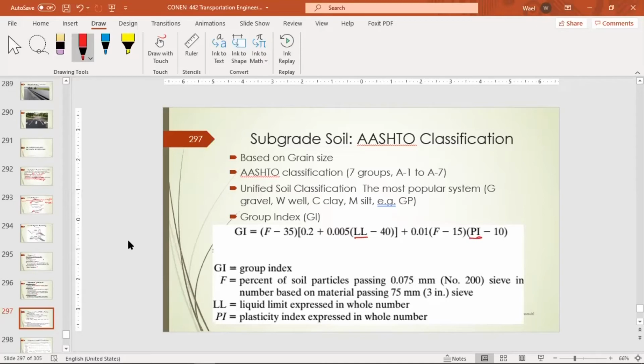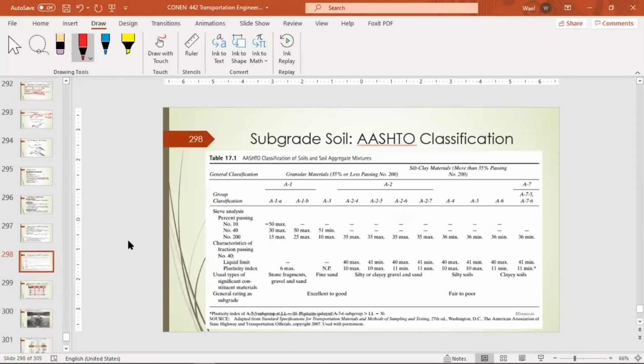This is the plasticity index. This is the percentage of fine particles. This is the liquid limit. And GI, that's the group index. This is the AASHTO classification of soil and soil aggregate mixtures.